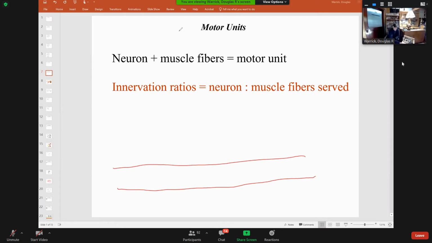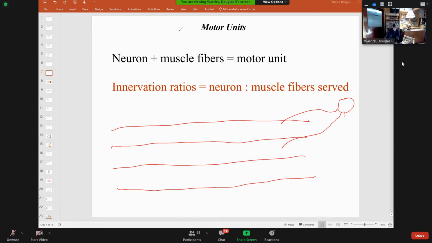What instead is going on all the time, as far as anyone knows, is that you're going to have a bunch of muscle cells, and you'll have a neuron that comes down and it splits, like that, and has branches of its axon that will attach to each muscle cell.